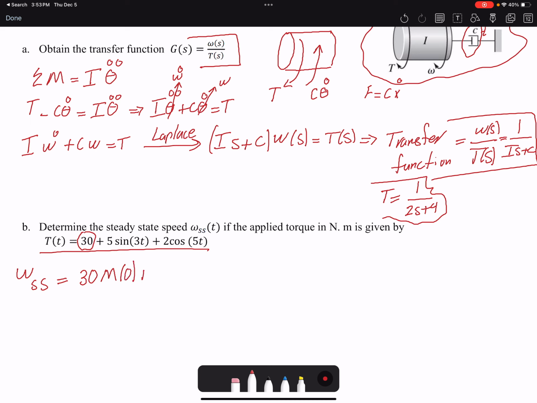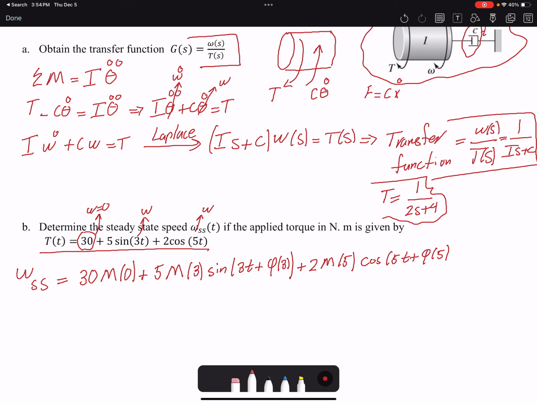And the frequency here is 0, is a constant value. So M0 times 30, plus 5 multiplied by the magnitude. The frequency here would be 3. So remember, the function frequency is here. That's the frequency for us. And this one didn't have any frequency. That's why the frequency for this case was 0. And then I have sine 3t plus the phase change, and then 2 M5 cosine 5t plus the phase change.